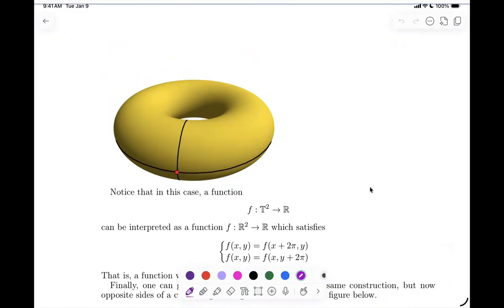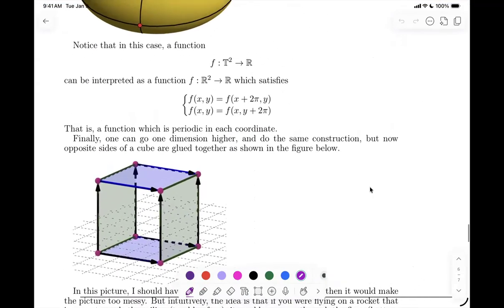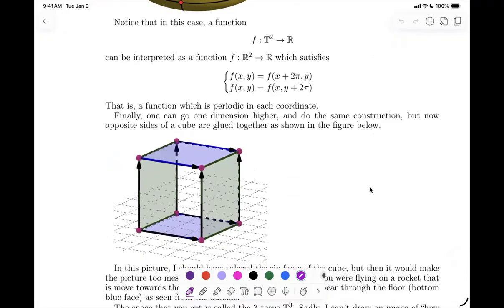Same with this other, longer circle that you see here. So in the case of the two-torus, there are two curves which are, in a sense, independent of one another, which cannot be contracted to a point. In the case of this 3D version of the torus, something similar happens, but now there are three of those, which are distinct.